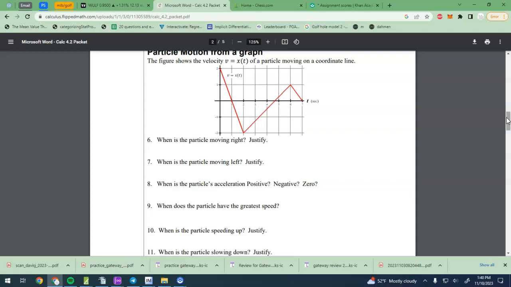So, this is a graph of the velocity. We talked about this at the very beginning, but I don't know if it really made sense. Right here, is this particle moving forward or backwards?